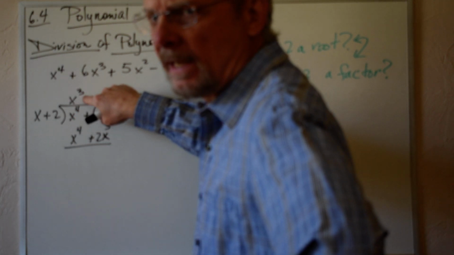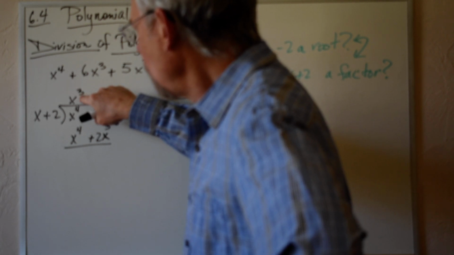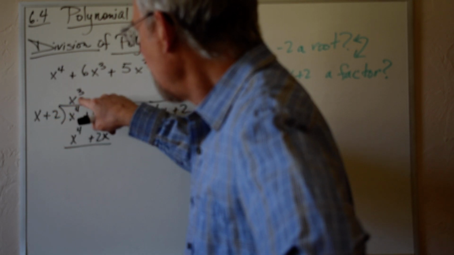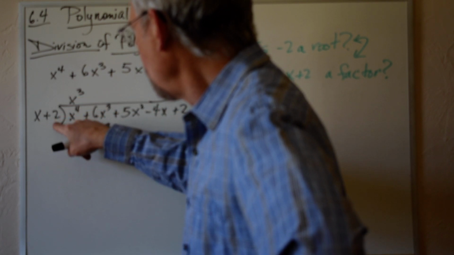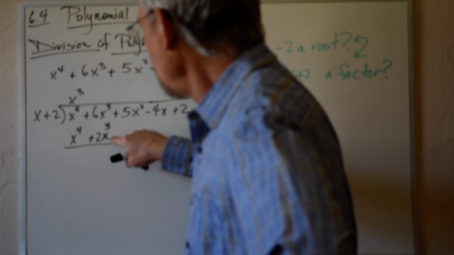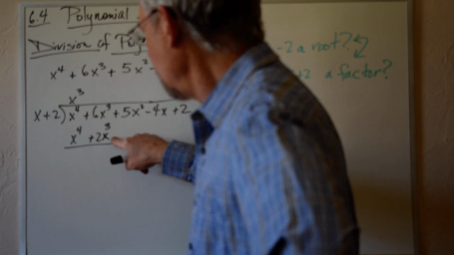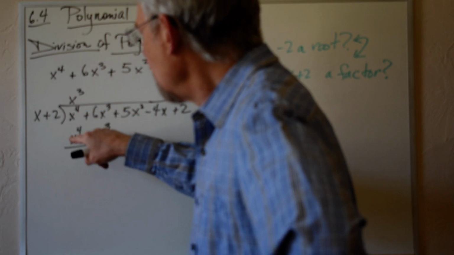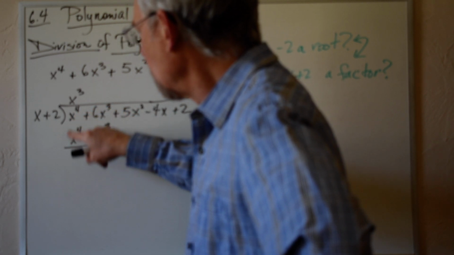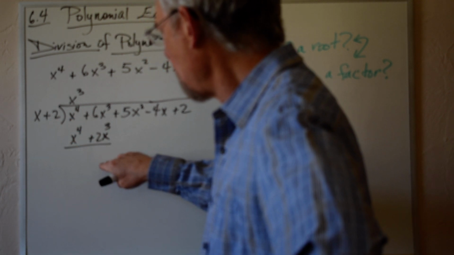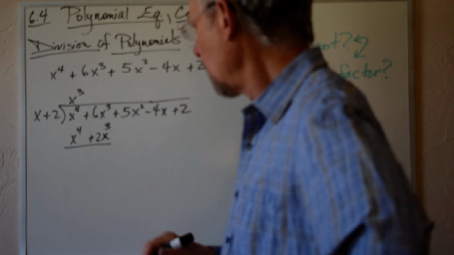Well, I need an x cubed, because x cubed times x gives me x to the fourth, and x cubed times 2 gives me 2x cubed. I can't lose track of that, even though that's not what I want. I wanted this set up here because this subtracted from this leaves 0. So I've gotten rid of the x to the fourth term in my resulting quotient here.